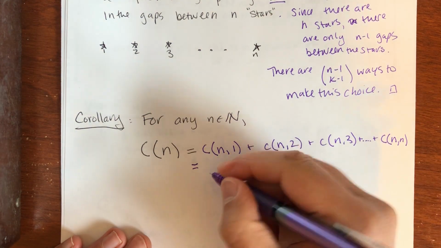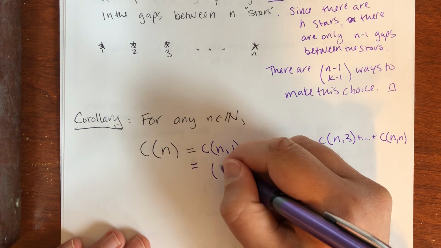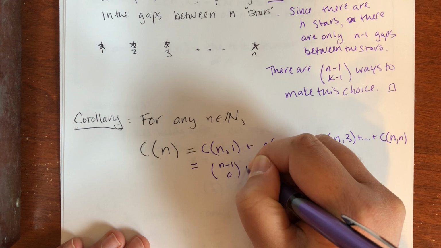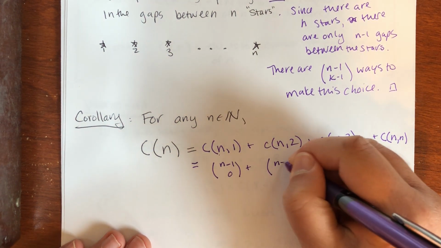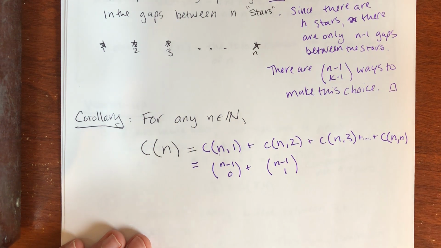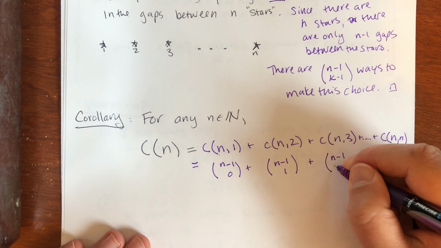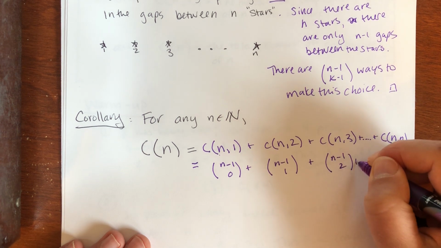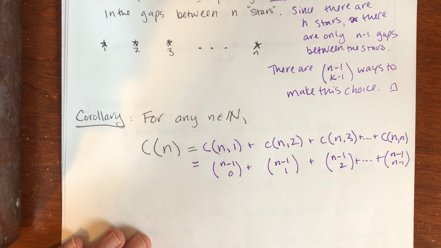Using that theorem up above, the number of compositions of n into 1 part would be n minus 1 choose 0. Compositions of n into 2 parts would be n minus 1 choose 2 minus 1, which is 1. Compositions of n into 3 parts would be n minus 1 choose 3 minus 1, all the way down the line until you get to n minus 1 choose n minus 1.